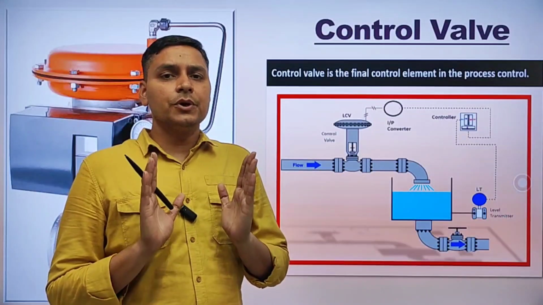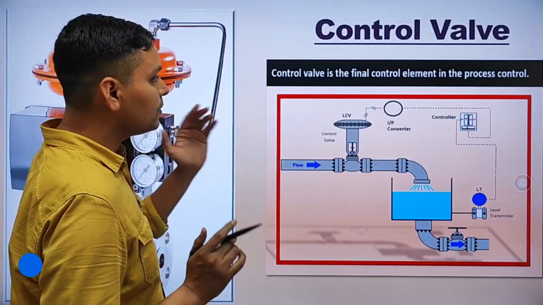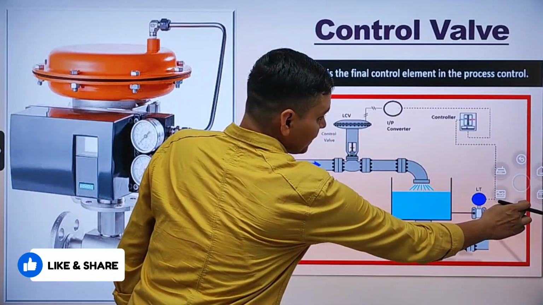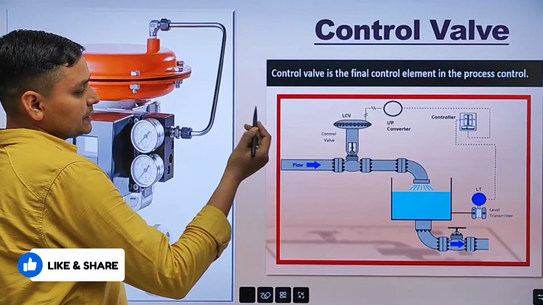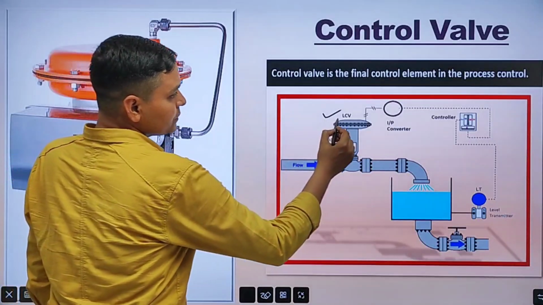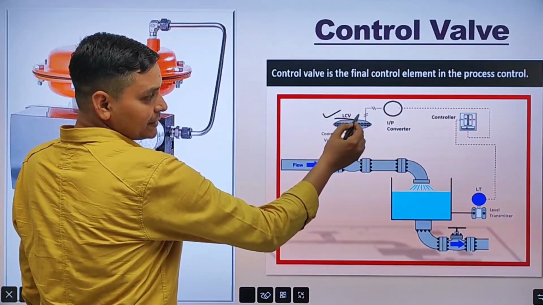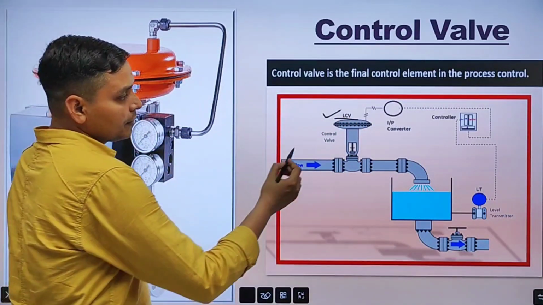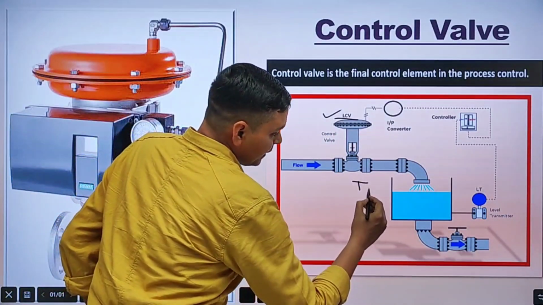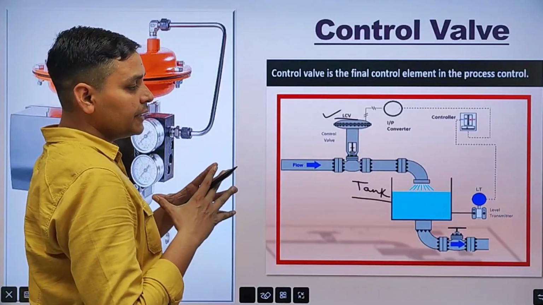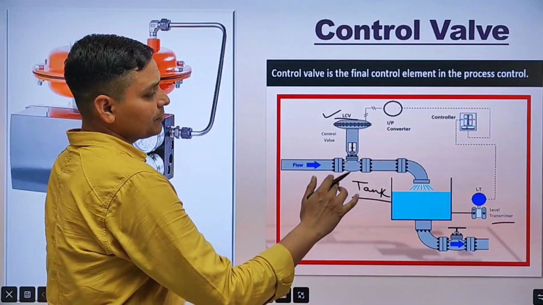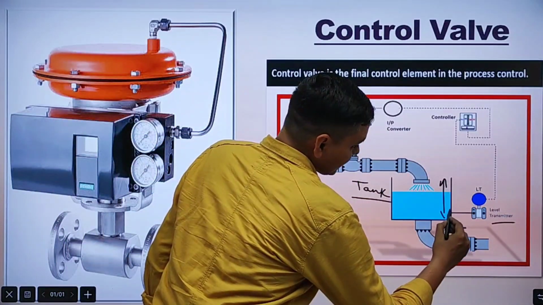Now, one most important point about the control valve is that control valve is the final control element in process control. What does it mean? It means that suppose we are using a control valve for level control. So we will use level control valve LCV, and this control valve is controlling a level of any tank, and on that tank we are using a level transmitter, and this level transmitter measures the level of this tank.